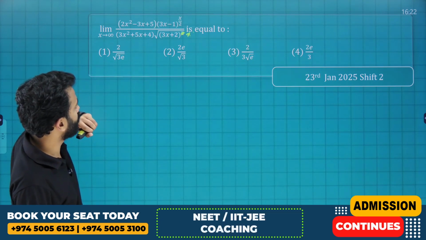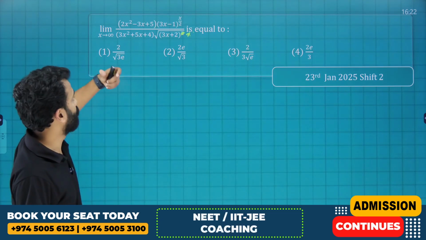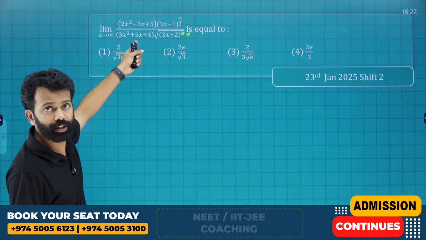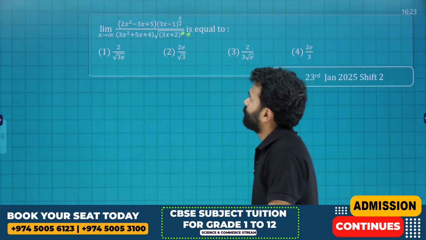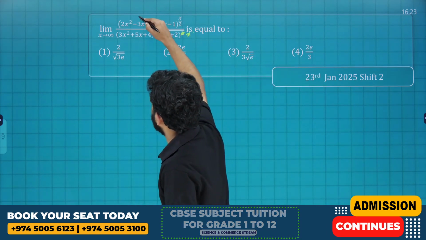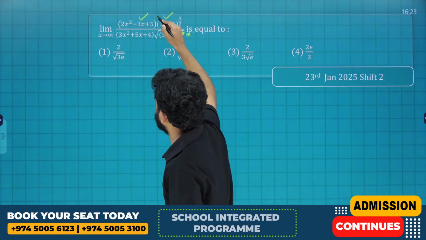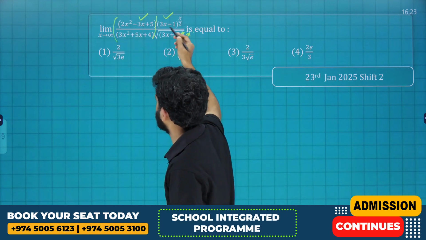So what I'm going to do is, you know how to operate if the limiting variable is tending towards infinity, right? Let's operate this by assigning the limit here and here separately.